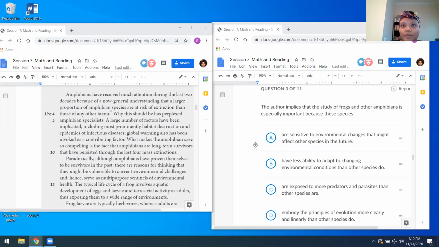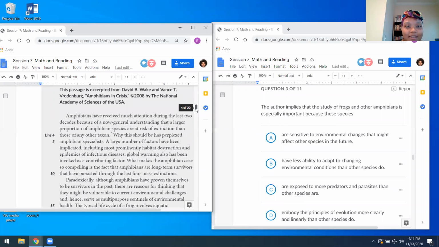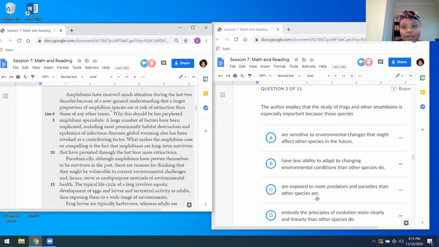Now, I know we were saying that C was the answer, and it was very tempting to put it there. But C is actually wrong because although it does outright mention parasites and predators, and how they have an increased chance to get more parasites because of their wide range of diet, it doesn't specifically say that they are more at risk for it than other species are.